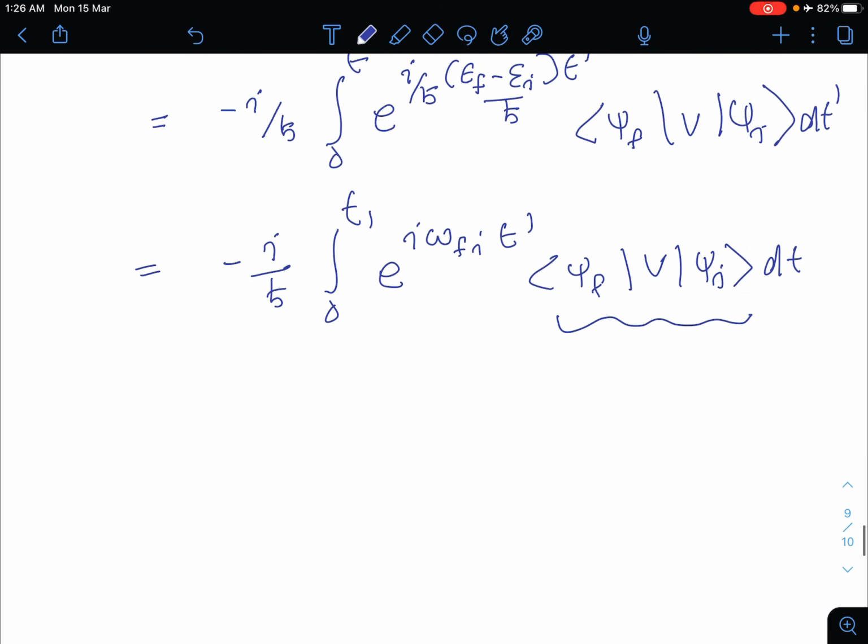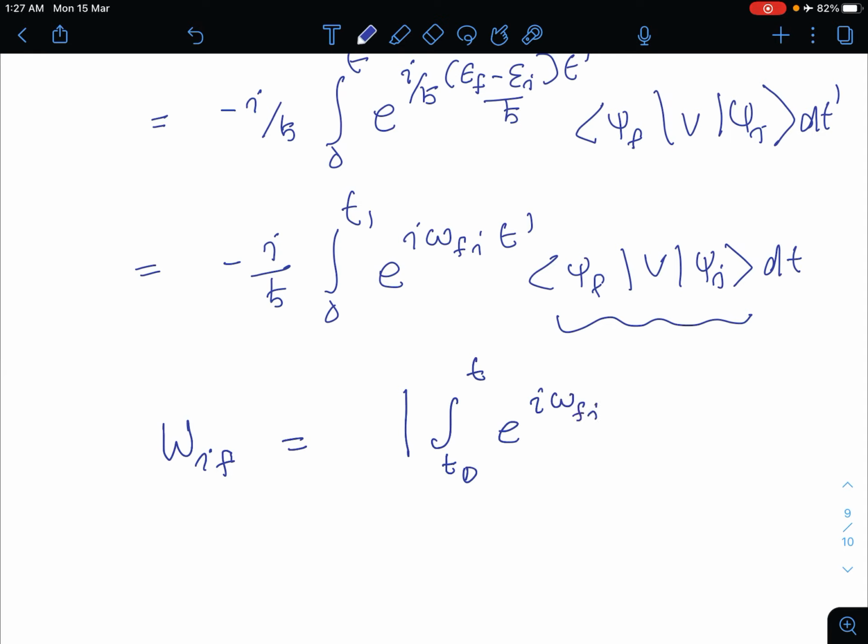So omega if is equal to mod integral, let us say generally t1 or t0 to t, e raised to i omega fi t dash.